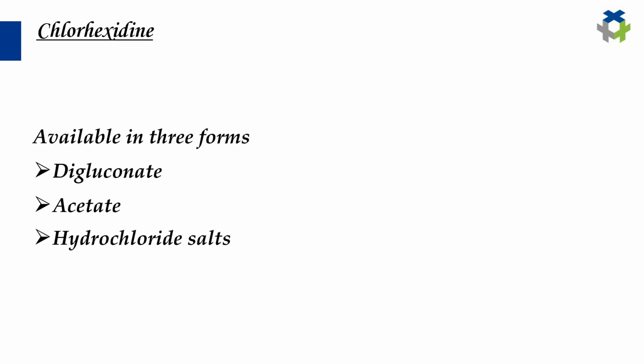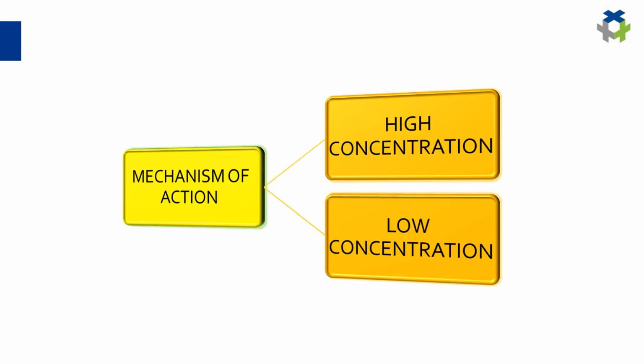Coming on to chlorhexidine. Chlorhexidine is available in digluconate, acetate and hydrochloride forms in rinses, gels, sprays, varnishes and chewing gum. It is highly effective, but it can cause side effects like staining, taste changes, calculus buildup and mucosal irritation.